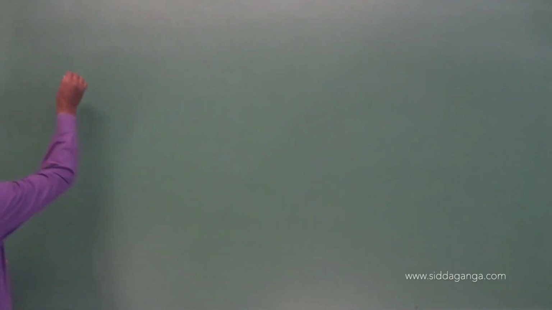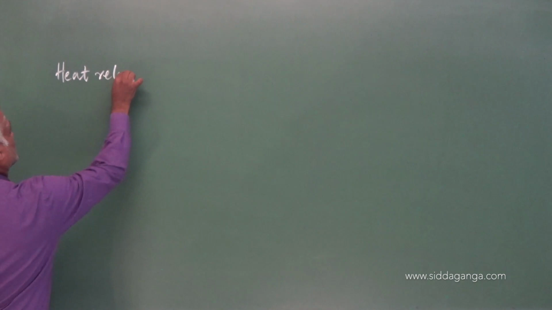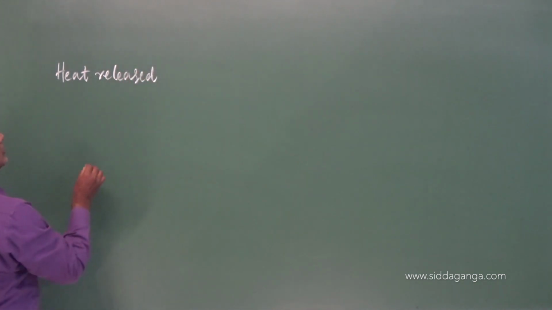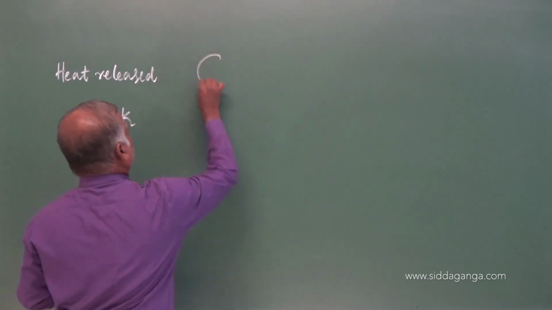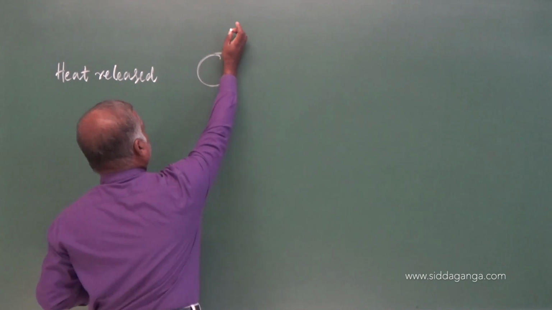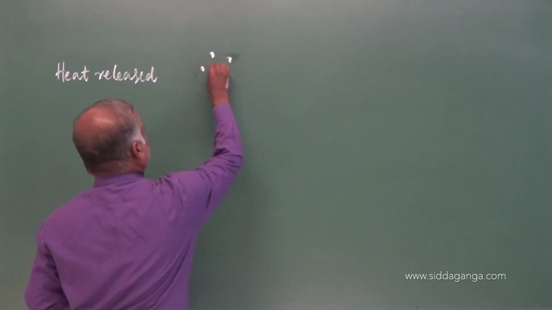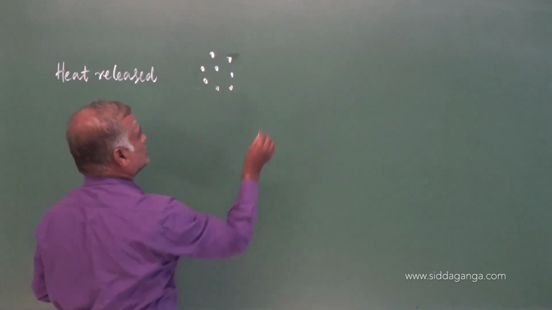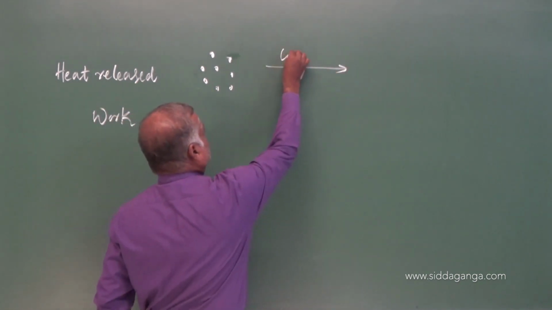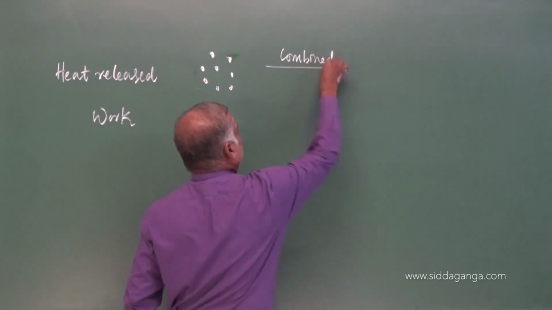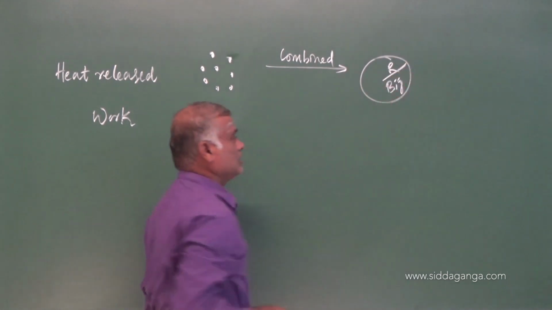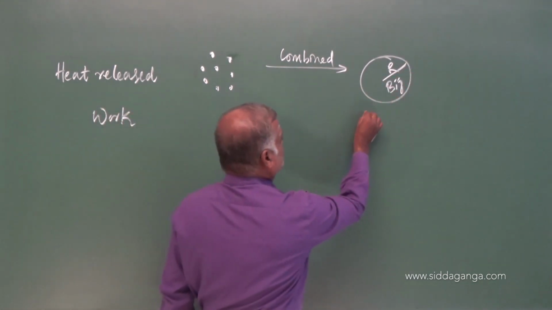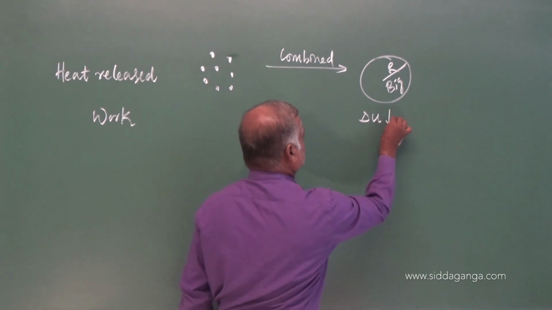We saw that heat is released by doing some mechanical work, that is when small drops, n identical drops, are combined to form a bigger drop of radius R. Surface energy decreases.